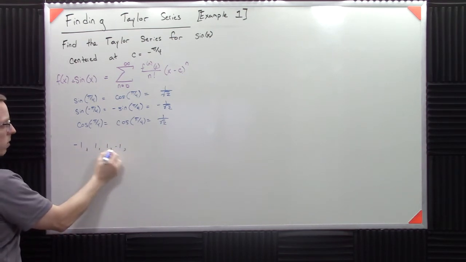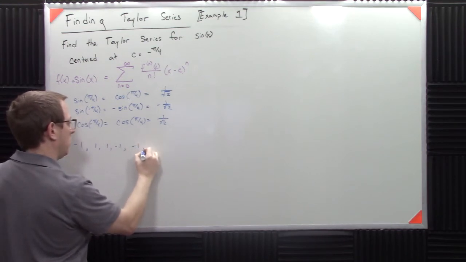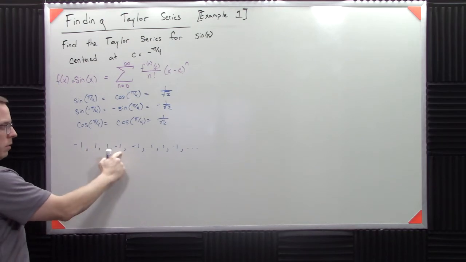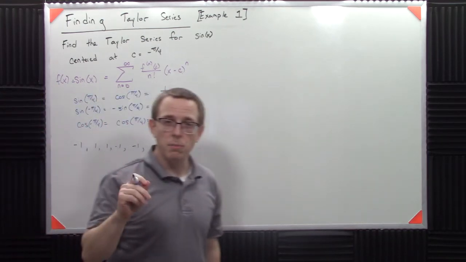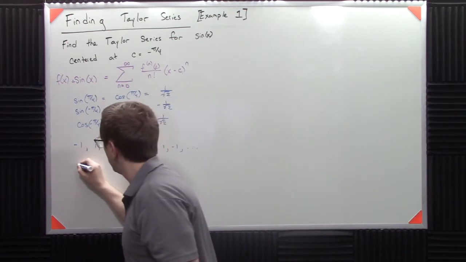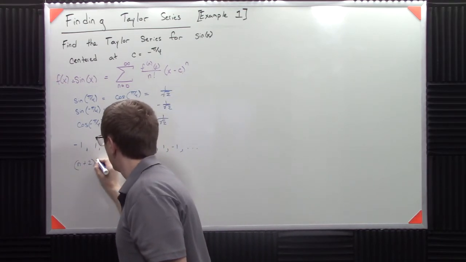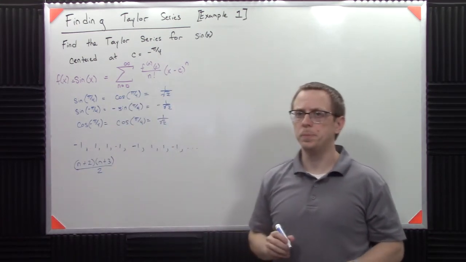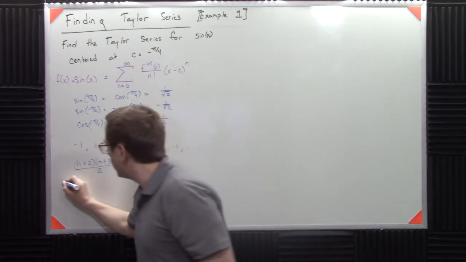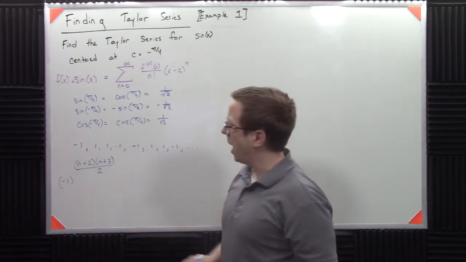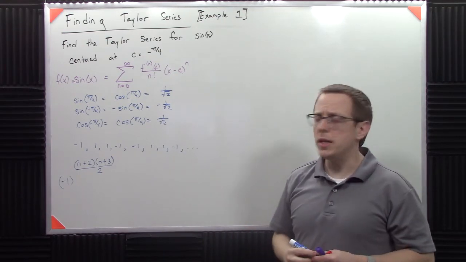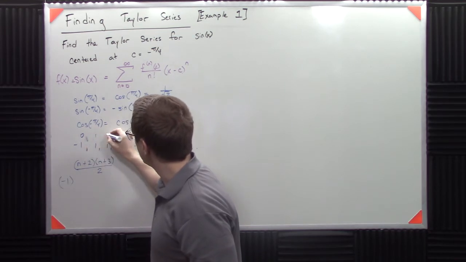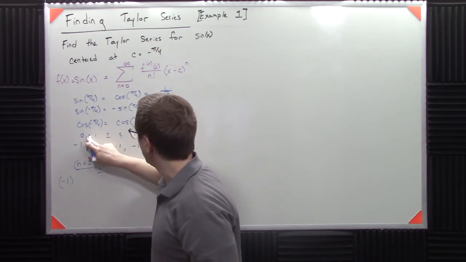So if I have a pattern that looks like this, this specific sequence of four, then I can model this pattern with -1 to that power. You can think about this where this is the 0th term, first, second, third, fourth, and so on.